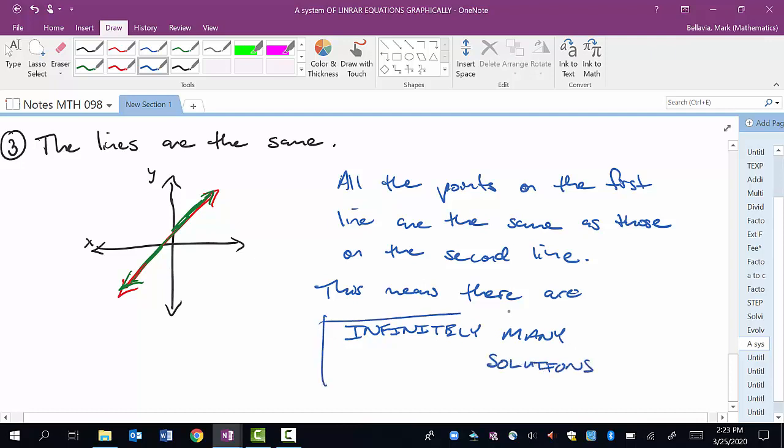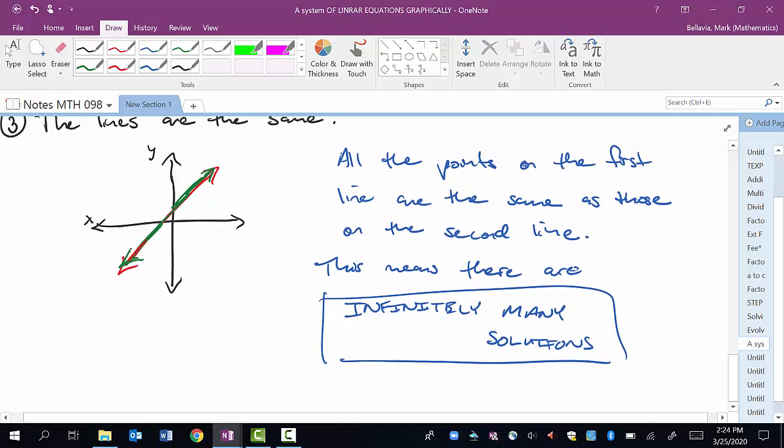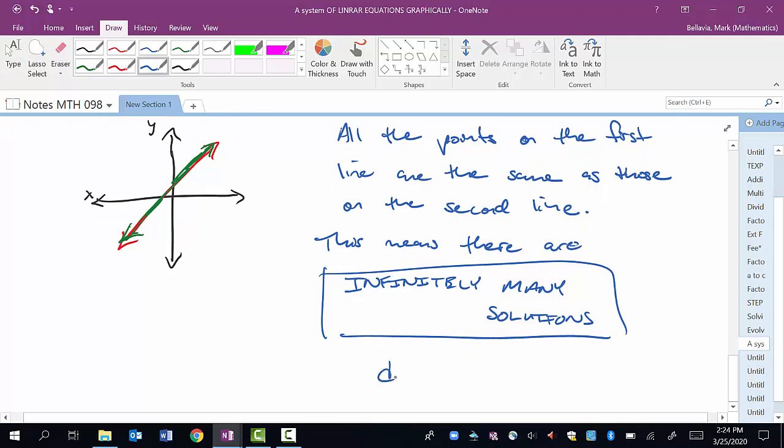Or you could say an infinite number of solutions. What you can't say is, don't say infinity. That's not the same thing. And it's not every point in the world. It's not all real numbers or anything like that, because it's only the points specifically that are on one line that are also on the other line. Right? Points that are not on either line don't become solutions to the system. Sometimes you might hear this called dependent.